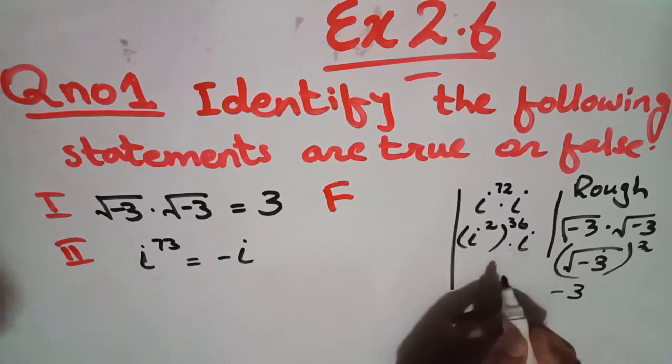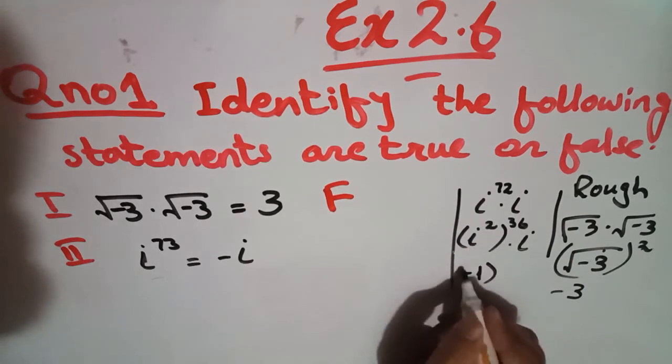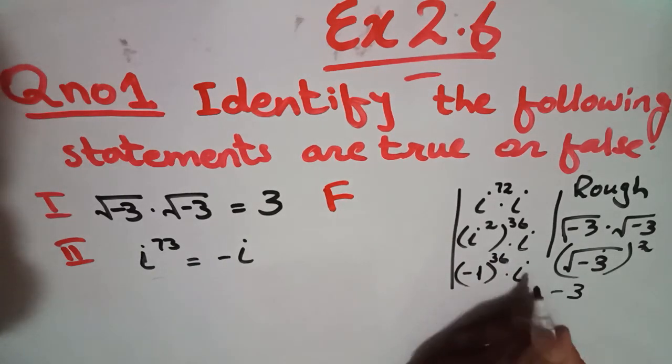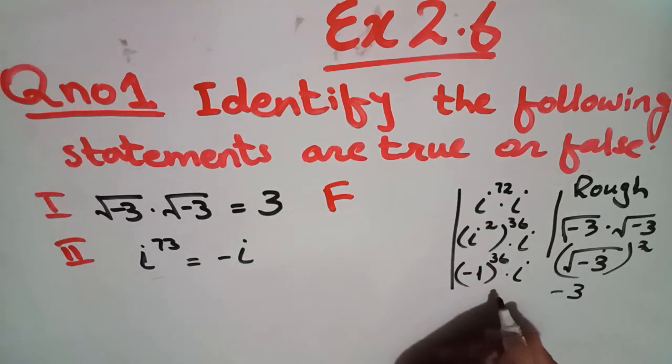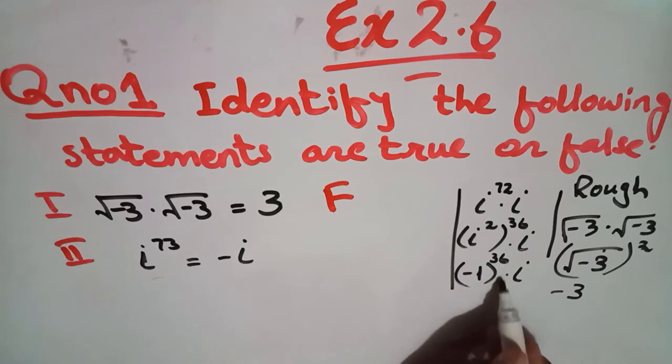like that. As we know that iota square is equal to minus 1, so I will put minus 1 here, and minus 1's power is 36, and this iota will be the multiple of minus 1's power 36, and there we have the power in an even number. So we will solve it as I have already told you.